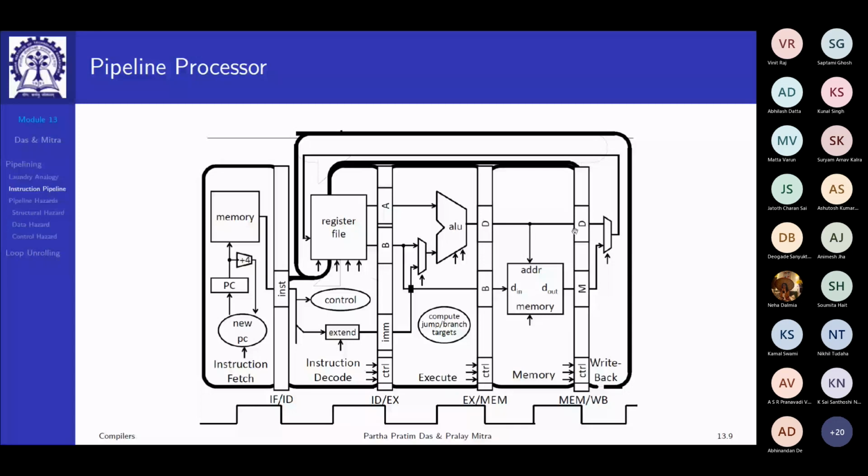So you have a selector, a mux, a multiplexer, and then you put it back to the register file. The reason I'm recapitulating this architecture is that this is a generic representation of the architecture, which the compiler has to keep in mind while it does code generation and optimization.